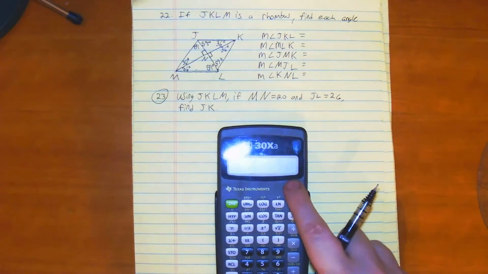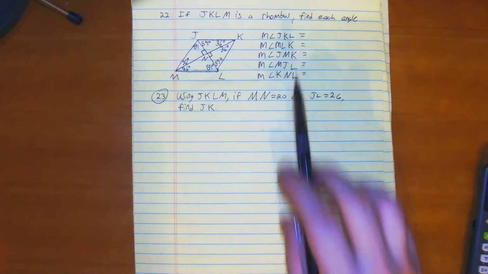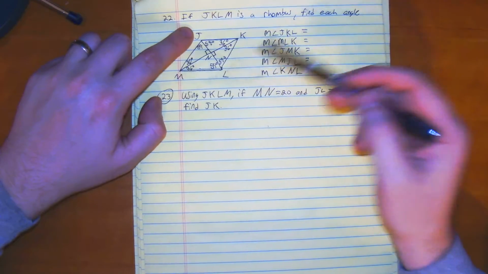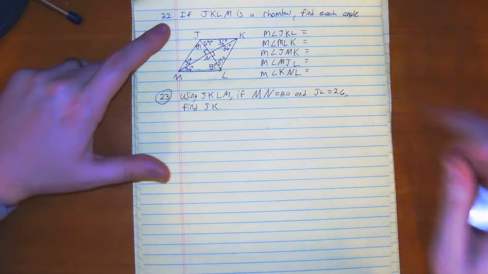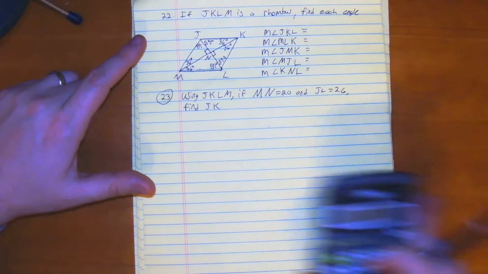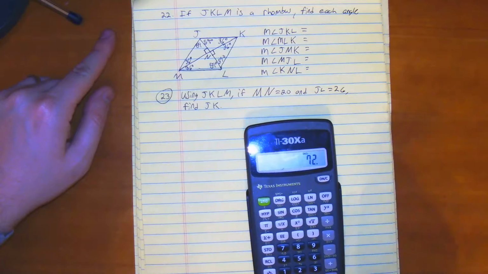And just like that, we have filled out every single angle in here. And this is the hard part, just knowing what we're doing. So it says we want to find JKL. JKL would be 36 times 2 because it's both of those together, which in other words would be 72.